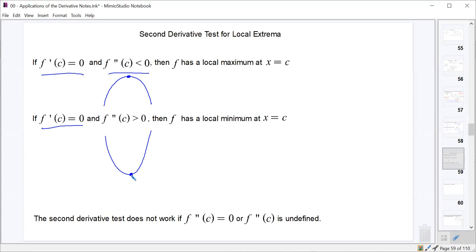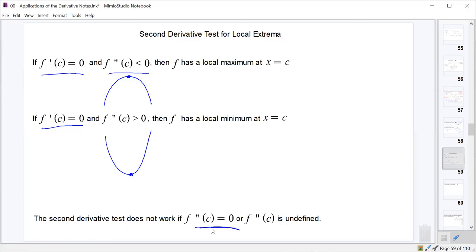This doesn't always work, so it's important to remember that if your second derivative comes out to be 0 at that point, well, then there's not a local max or a local min there. Most likely there's going to be a point of inflection, but you'll still want to make your sign chart with your second derivative to confirm that. And this does not work if it's a place where the second derivative is undefined.